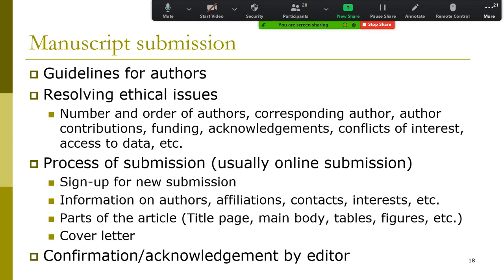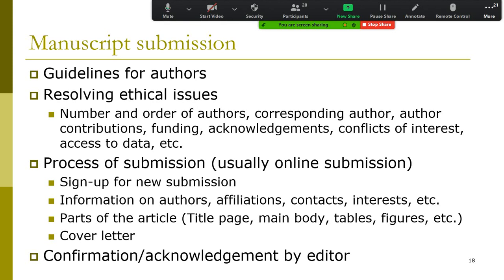The process of submission these days is normally online. The journals have their portals for article submission. You have to sign up for a new submission, so you have to make an account for this purpose, and this account is normally free of cost.